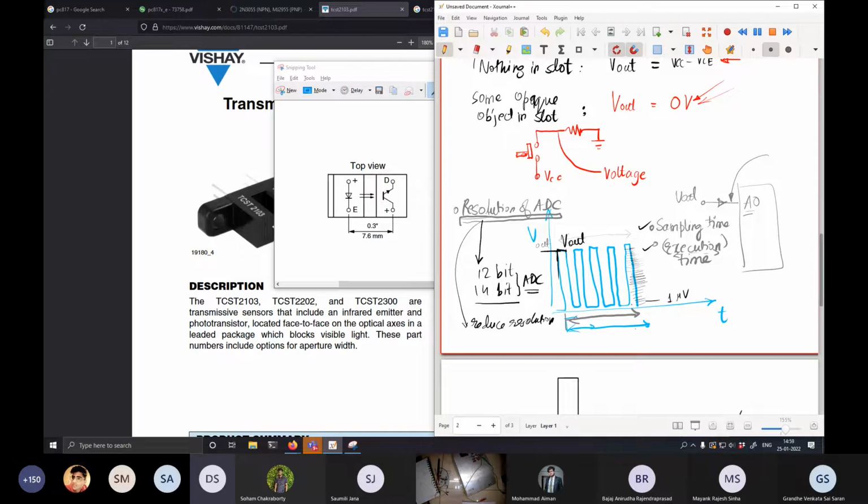But here we are going straight from 0 all the way to some VCC, something very close to VCC, actually VCC minus VCE as per the diagram. This could be say 5 volts. So you are going straight from 0 volts to 5 volts. You don't care about the intermediate voltages. That is why the resolution of the ADC does not matter at all. In that case you can actually reduce the resolution of the ADC on the Arduino.